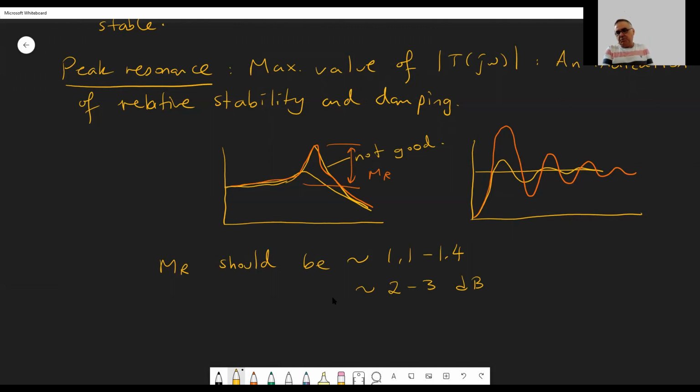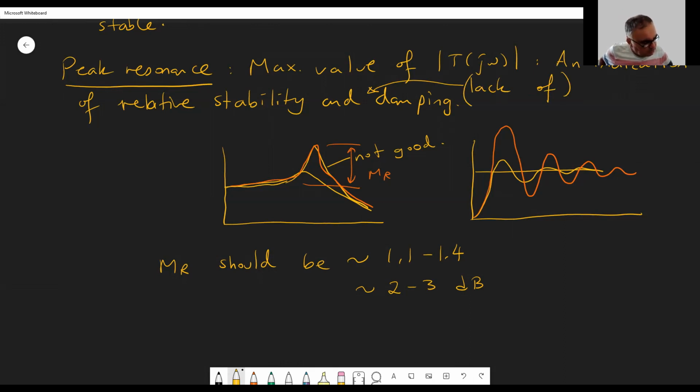Okay. There should be enough damping in the system. By the way, I should say here, it is an indication of relative stability, and too much MR is an indication of lack of damping. Okay, when there is a lot of damping, the peak resonance is usually small.